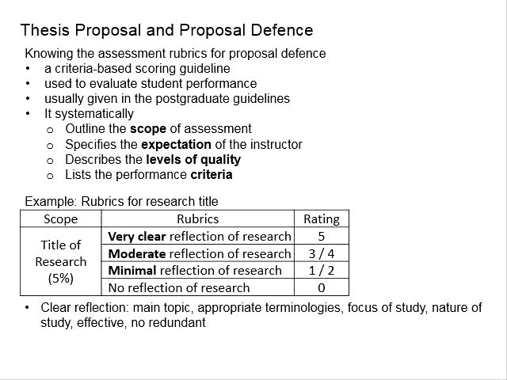Imagine that all three of your examiners, when you are doing the proposal defense, are using the same form to decide, based on what you have presented, the quality of your proposal. And even though there are variations in the scores that you acquire from the postgraduate study during the proposal defense, the variations are normally small.